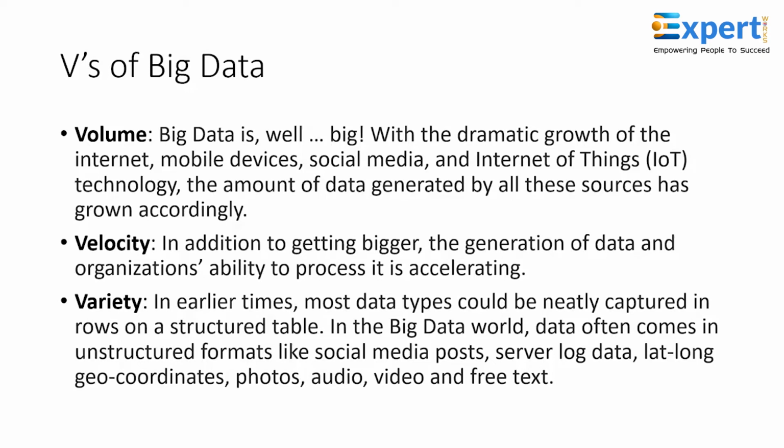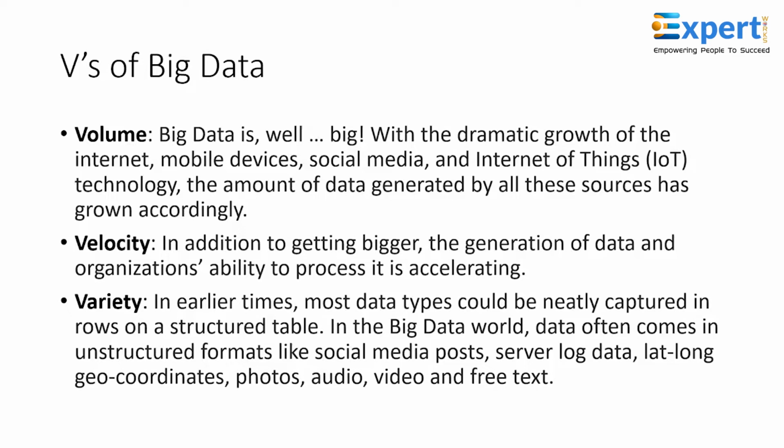With the dramatic growth of the internet and mobile devices, social media, and Internet of Things technology, the amount of data being generated through all of these technologies has also grown proportionally. Also, this has impacted the velocity. If we consider this closely, the speed at which data is being generated is also increasing.